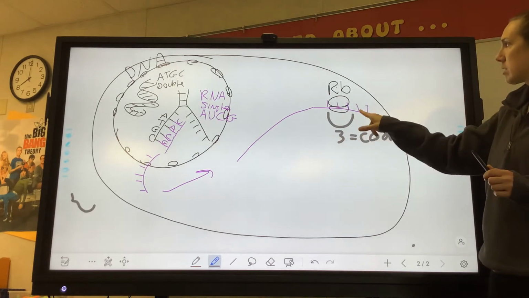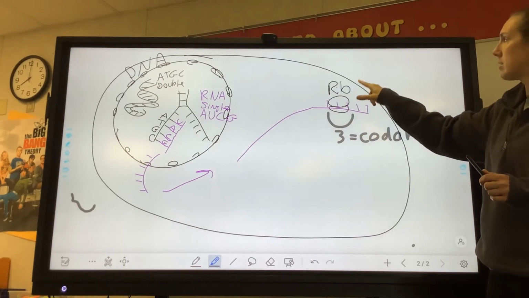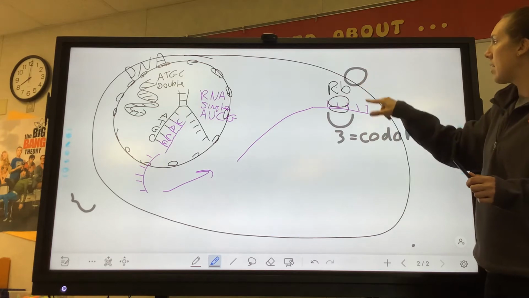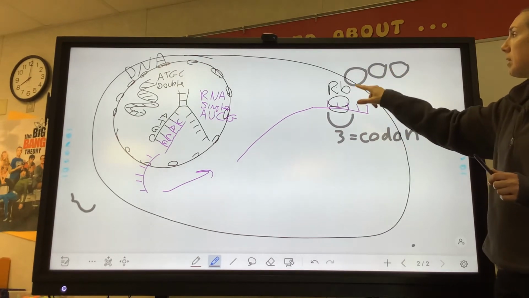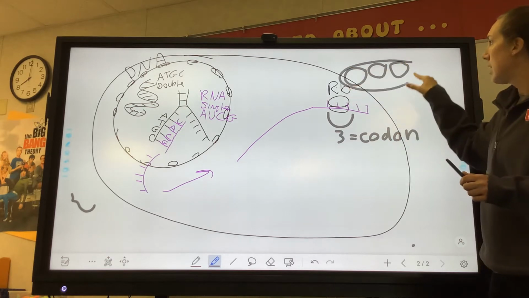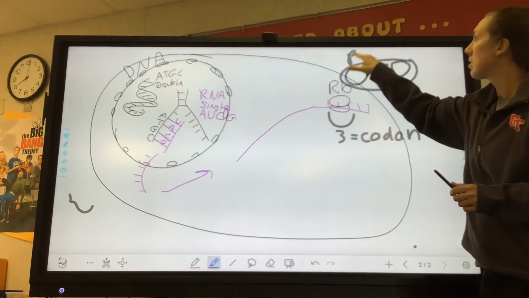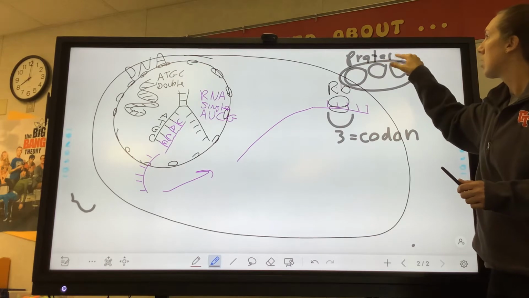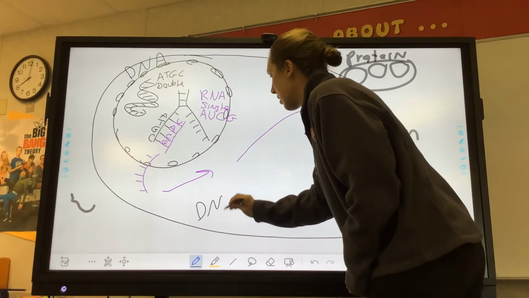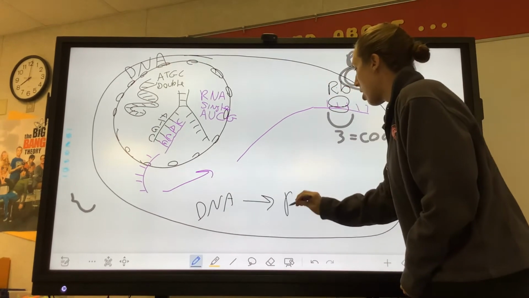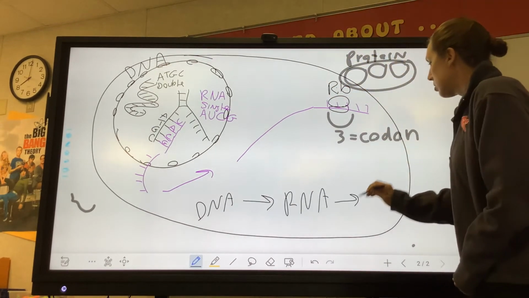Every 3 bases calls in an amino acid, and then this next one calls in another amino acid, then another amino acid. Then the amino acid chain folds into the protein. So how do we get a protein? It goes DNA to RNA to protein.